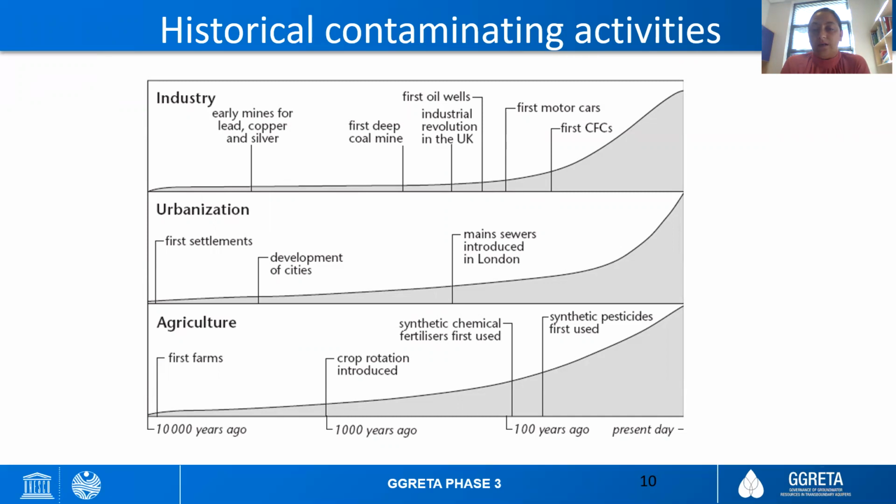If we look at agriculture, we can see that the first farming started really long ago. And at that point, there were very little synthetic pesticides, which we now find in our water systems.